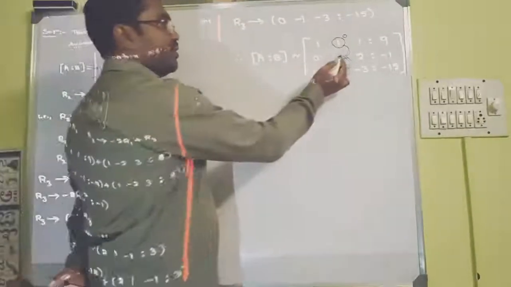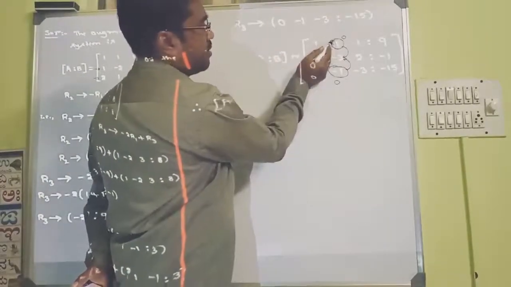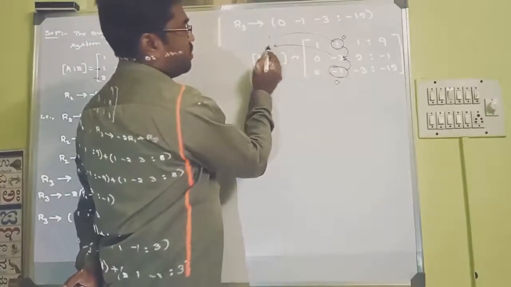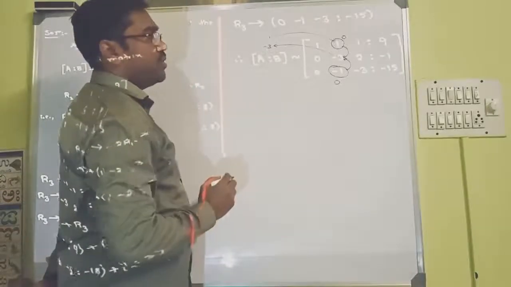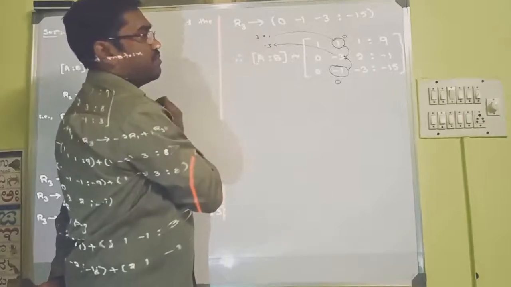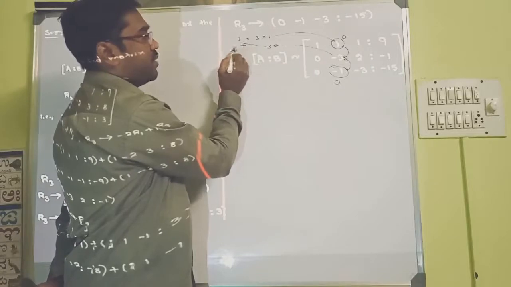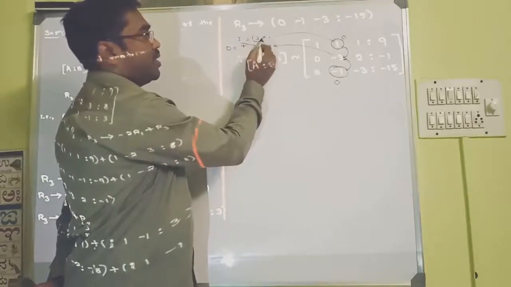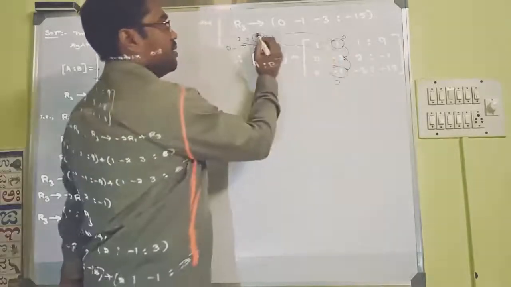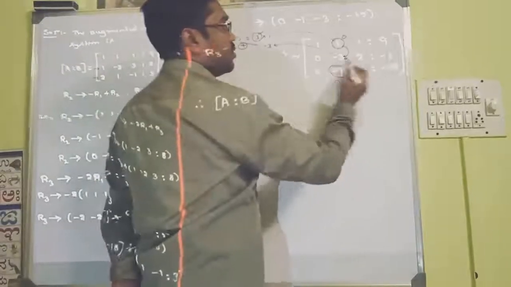How can we make this element 0? Yes, we have 1, here we have -3. So what has to be done? Multiply this by 3, you will get +3, then add, you will get 0. So we need to multiply row 1 by 3, then add with row 2.